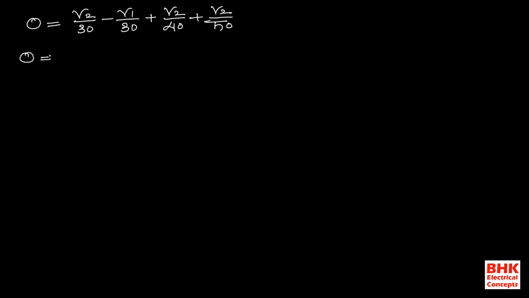Now 0 is equal to V2 into 1 by 30. 1 by 30 will give the value 0.033 into V2, minus again 0.033 V1, plus 1 divided by 40 will give the value 0.025 into V2, plus 1 divided by 50 will give the value 0.02 V2.